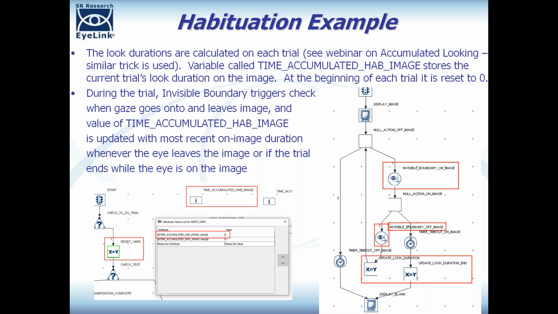Basically, we're going to present the image here, and we're going to have a variable called time accumulated habituation image. At the beginning of the trial, before we present the images, we're going to set that to 0. This variable is going to log how much time the participant spends looking at the image for each trial.